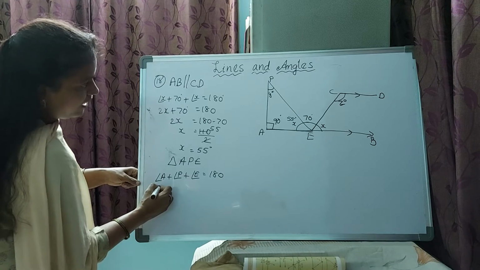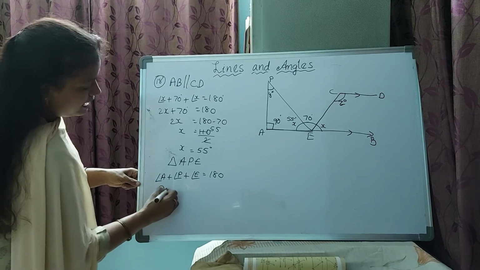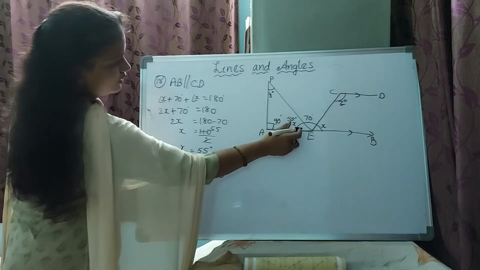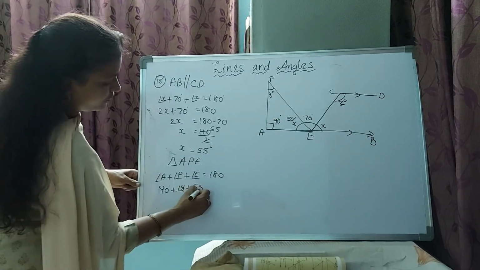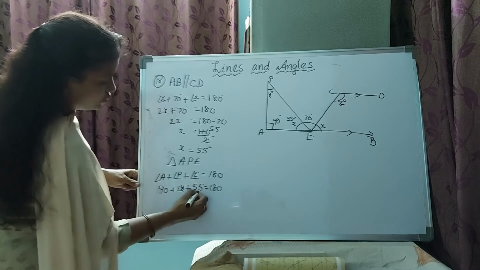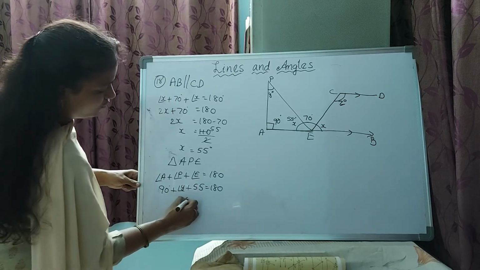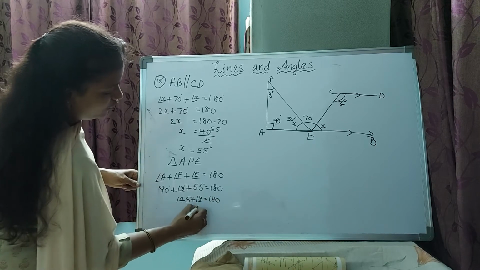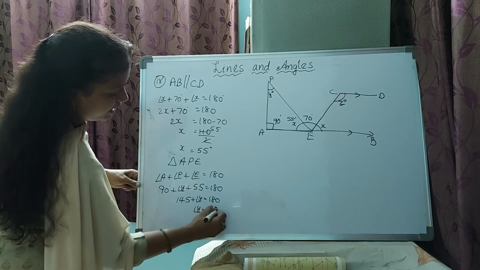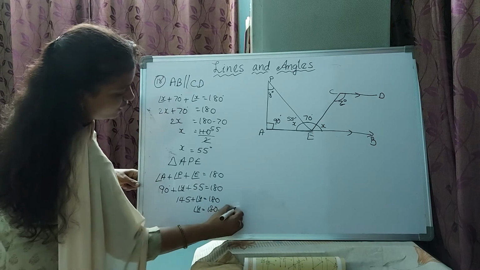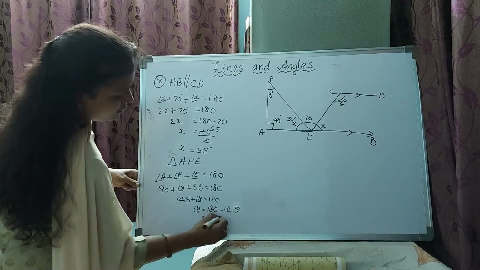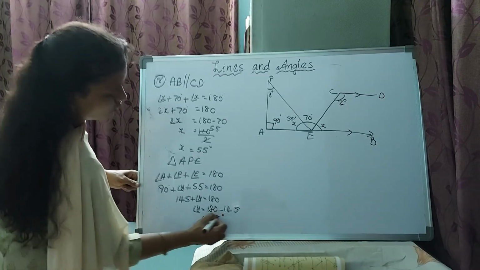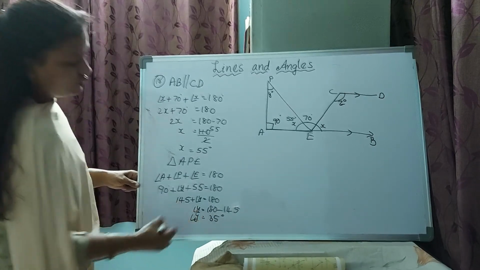So angle A is 90, angle P is Y, plus this one, X, is 55, equal to 180. So add this, 145 plus angle Y is equal to 180. Angle Y is 180 minus 145. 10 minus 5, 5. 7 minus 4, 3. 1 minus 1, 0. So angle Y is equal to 35 degrees.